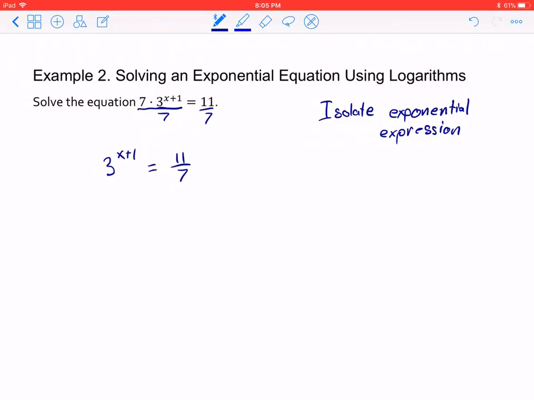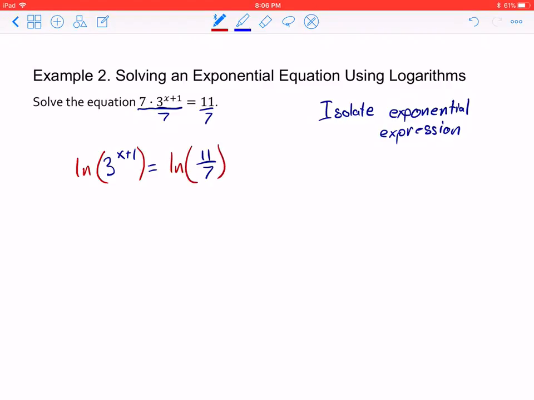So what I'm going to do is that same idea as I did last time. I'm going to take each side and apply a logarithm to it. You can really choose any, and if you choose log base 3, the left-hand side would cancel out, but you would have nothing nice here on the right. So maybe I want to get ready to get an exact value using a calculator. So what I'm going to suggest is go ahead and just take the natural log of both sides.